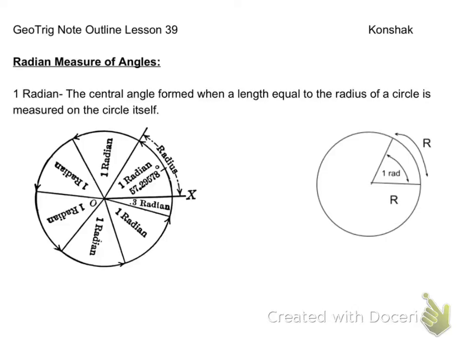So, if you look at the left circle, 1 radian, which is the central angle, which is the angle at the center, happens to be 57.29, or 57.3 degrees, give or take.